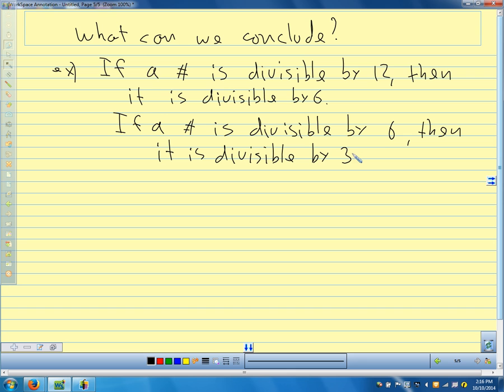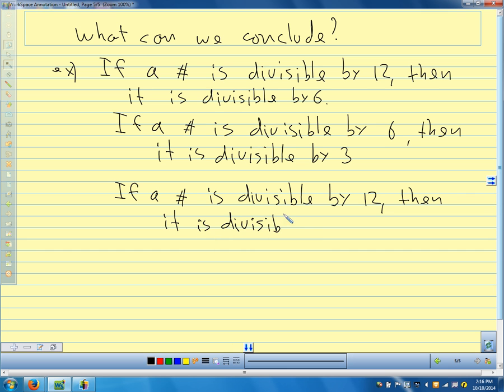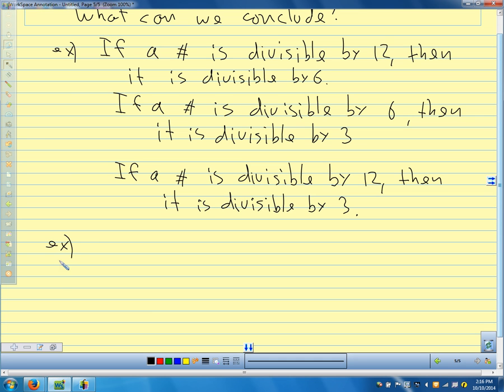So what can we conclude here? If a number is divisible by 12, then it is divisible by 3. So we link the two, front to back, and we can decide that if a number is divisible by 12, it's divisible by 3. All right, questions on that one? That's like the one that was on the quiz yesterday, right? Sort of. We didn't have to link it together, but there was something kind of like that on the quiz.